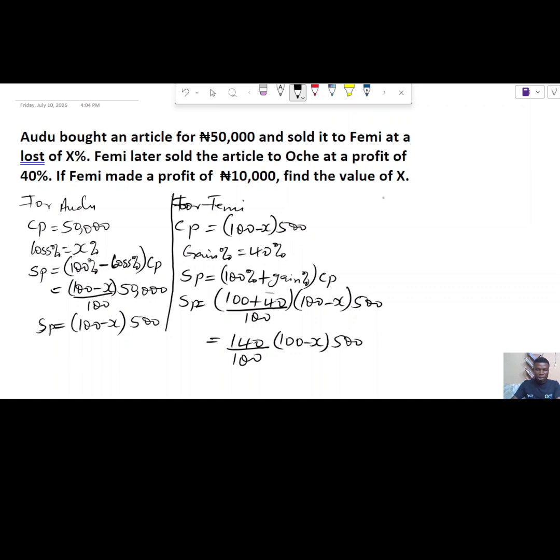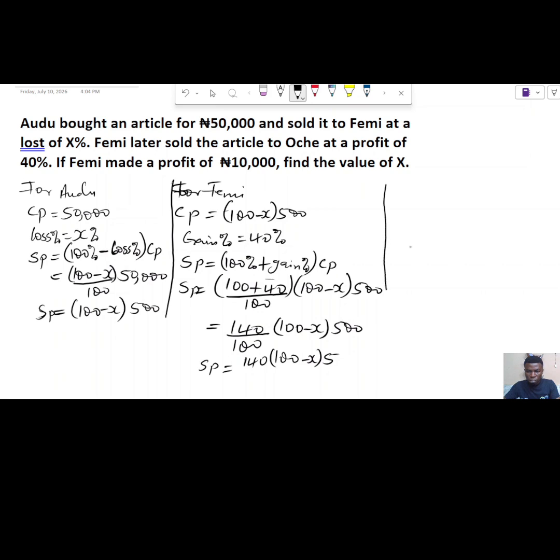That means selling price will be equal to 140 into 100 minus x multiplied by 5. And then when we multiply that, we notice that selling price will be equal to 700 bracket 100 minus x, right? This is the selling price.